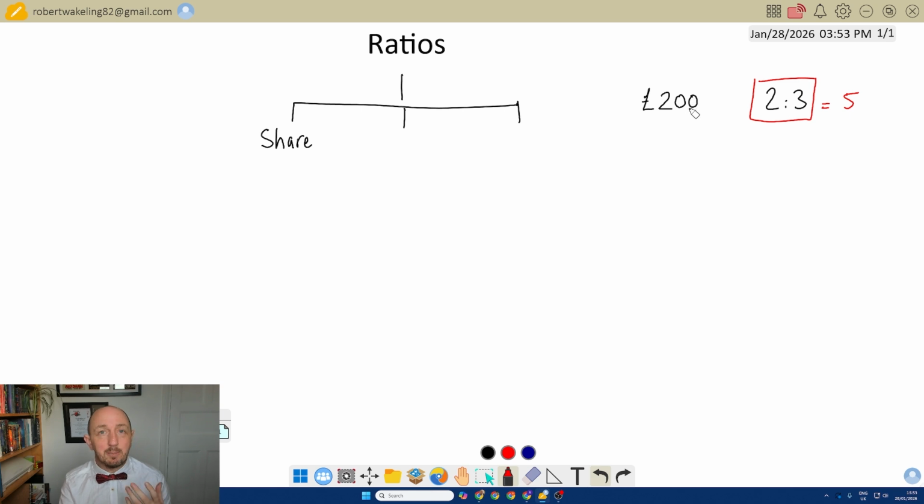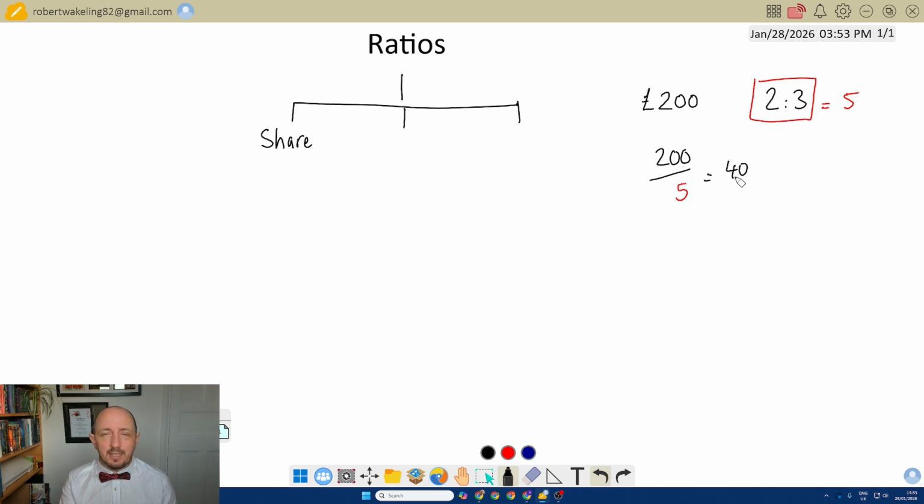And we can say, well, that's how many times I give out that £2 to that particular person. So 200, we're going to divide that by the total of the ratios, which is 5, and that is 40. And essentially that's saying I did 2 to you, 3 to you, 40 times.